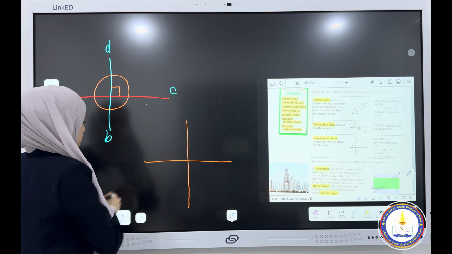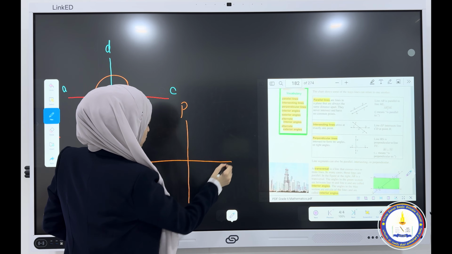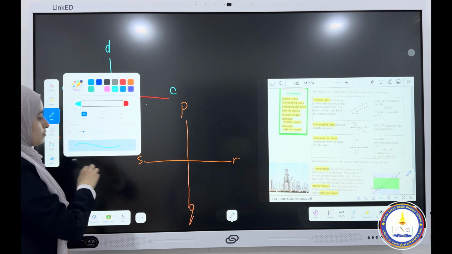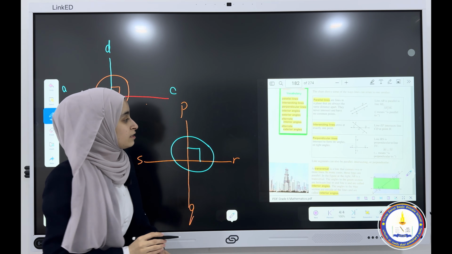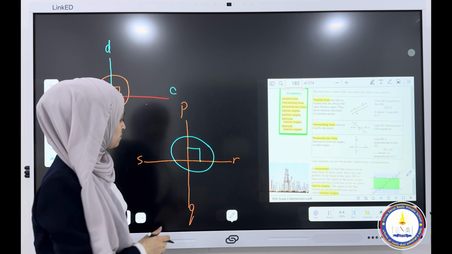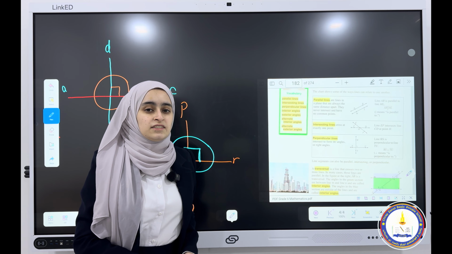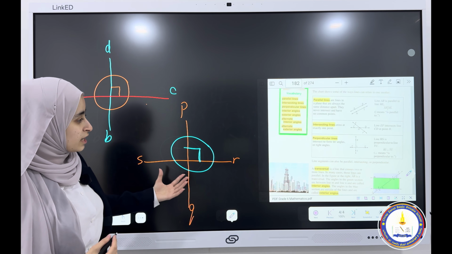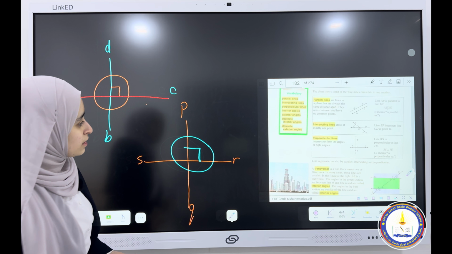Again, another example. P, Q, R, S. Let's have the most important point of perpendicular lines, which is forming a 90-degree angle or right angle. We know that if we see this symbol, it means this is a 90-degree angle. How can we write that these two lines are perpendicular, or what is the symbol of perpendicular lines?